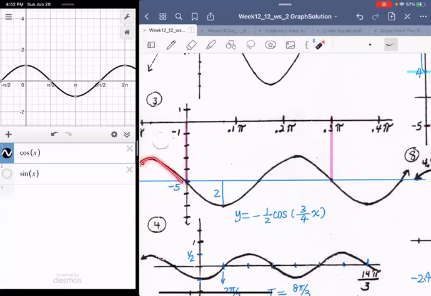Look at this. The wave goes like this, and we can figure out the midline. This midline is here. So how much is the midline, Michelle? Is that -5? 1, 2, 3, 4, 5, -5.